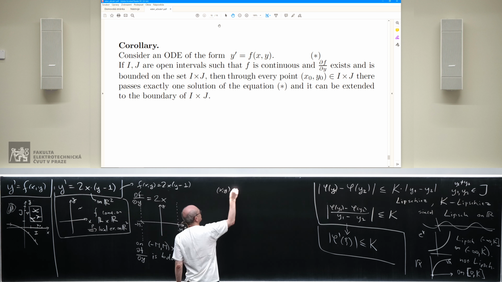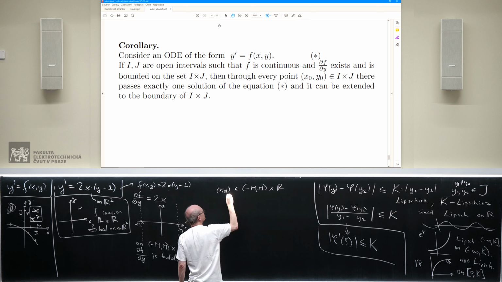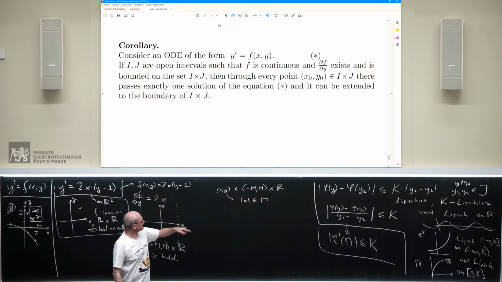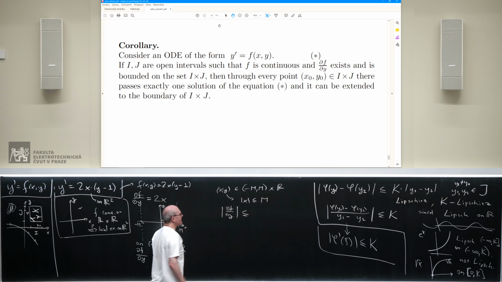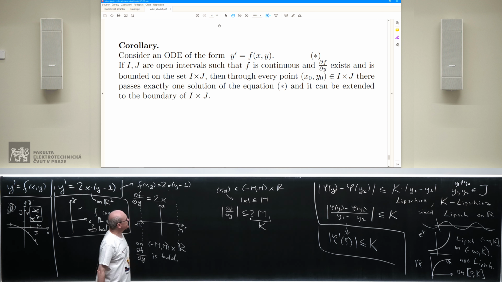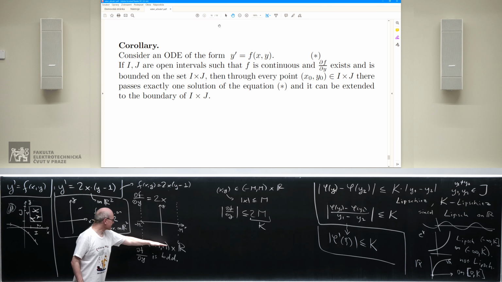If a point xy belongs to this set, then definitely x in absolute value is at most m. And therefore, the partial derivative by y is bounded by 2 times x, so 2m. And this would be my k. And this k does not depend on y, does not depend on x. It's a universal constant which yields the Lipschitz property. So it all fits together. So this is a good rectangle. It's a rectangle on which my partial derivative is bounded.